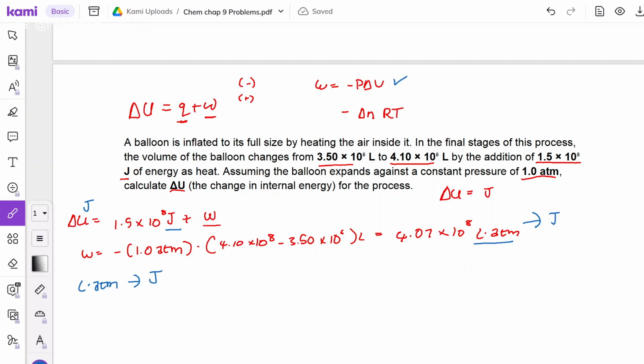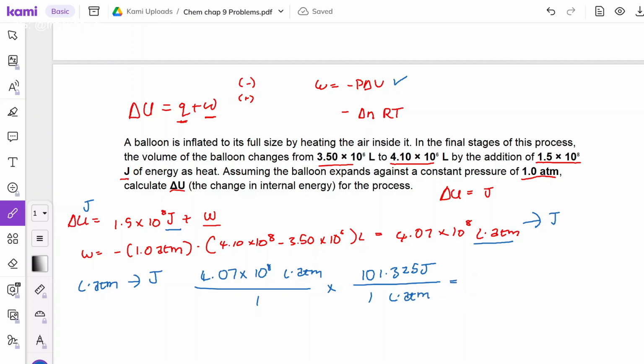And the conversion for that is, so I'll write it out, 4.07 times 10 to the 8th liters times atmosphere over 1, times 101.325 joules over 1 liter times atmosphere.